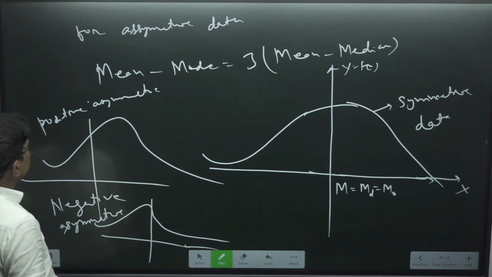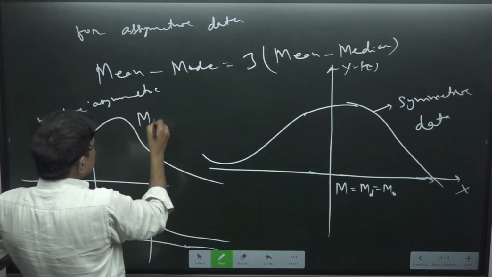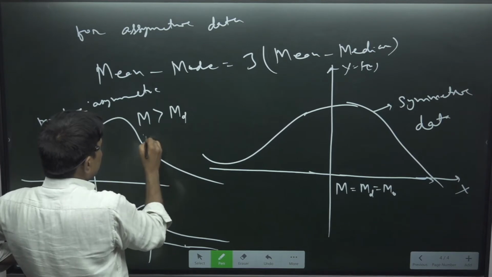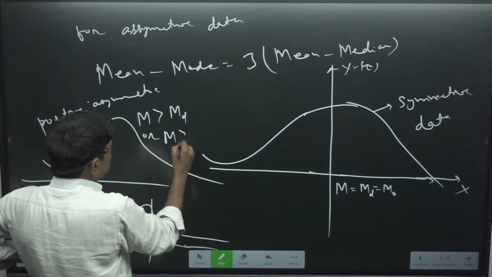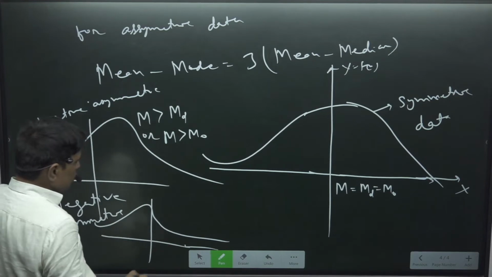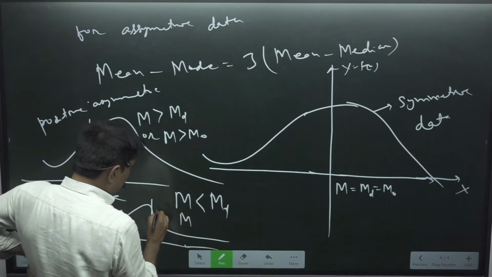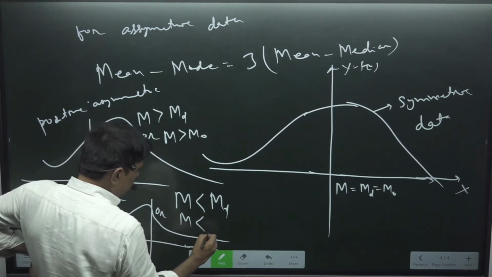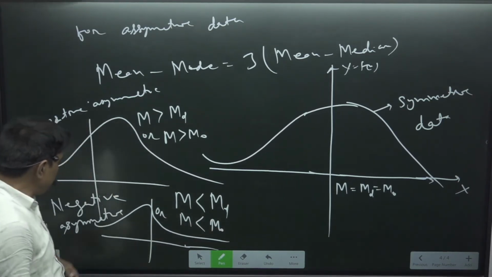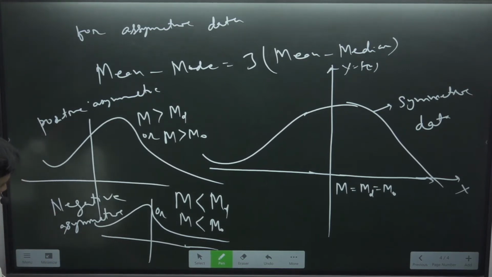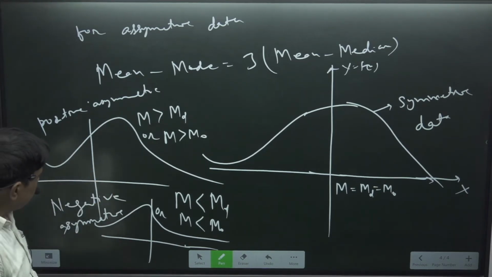Okay, so in positive skewness, mean is greater than median or mean is greater than mode, and in negative skewness, mean is less than median or mean is less than mode. In negative skewness the tail is towards the left, and in positive skewness the tail is towards the right. Okay.